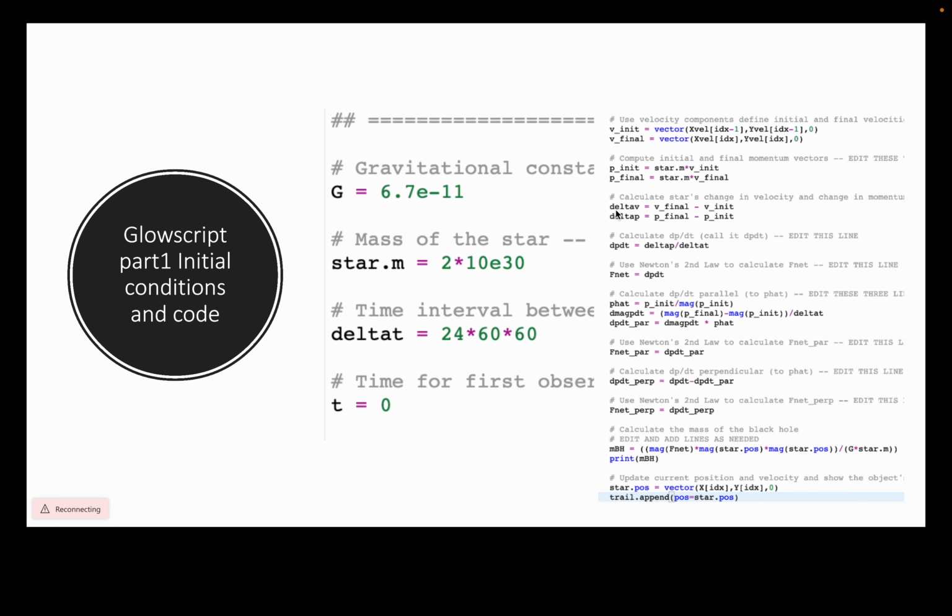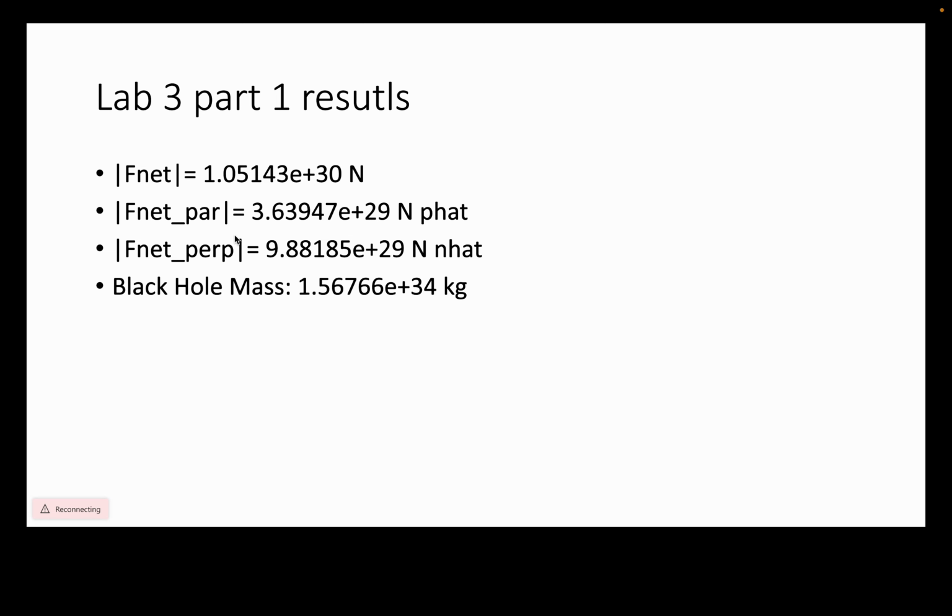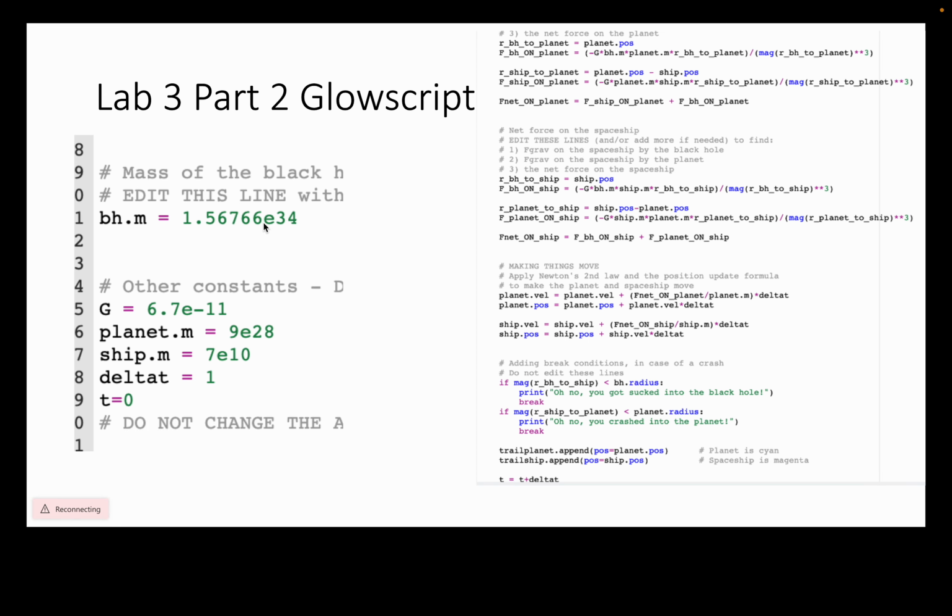So we found both delta p and delta v, and from delta p, we can calculate dp dt, which equals the force. The F net equals dp dt. And then using the net force, we can calculate the perpendicular and parallel forces, which can then give us the mass of the black hole. These are the numbers I got from my GlowScript.